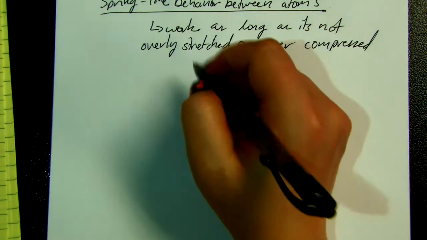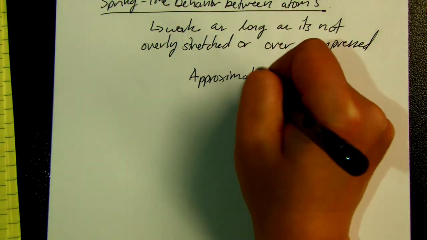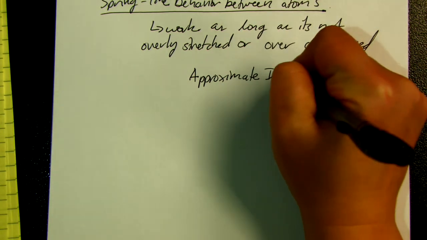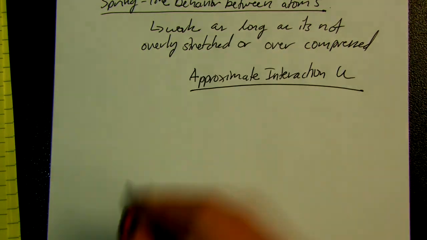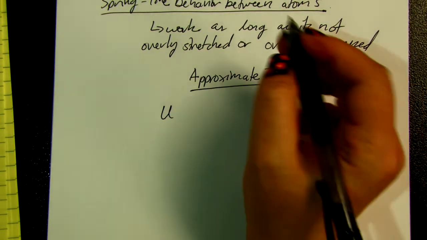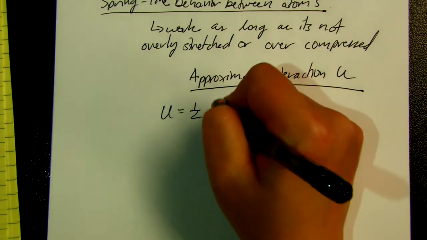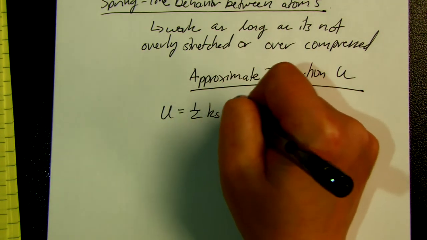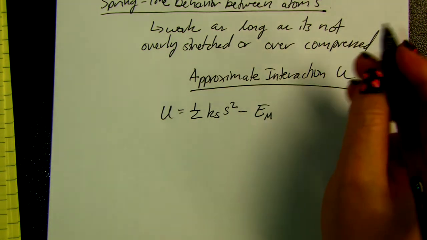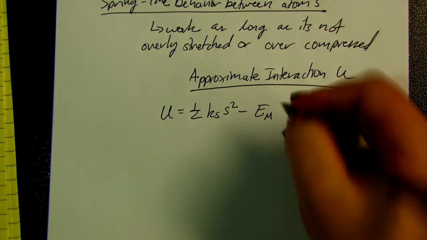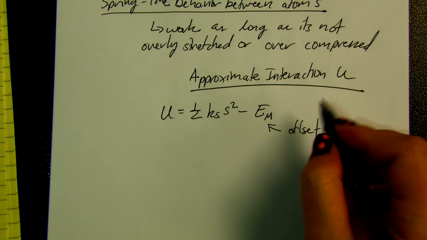Okay. So, the approximate interactions, potential energy. So the potential energy for these atomic interactions is going to be equal to 1/2 K sub S, S squared, minus EM. And EM is this offset I told you about before. We're dealing with a real system. We know it's got a real offset.